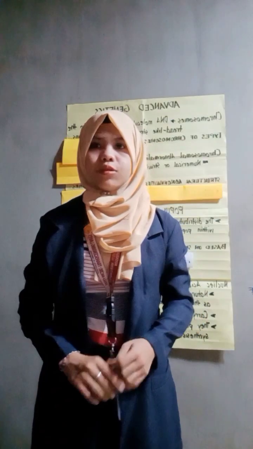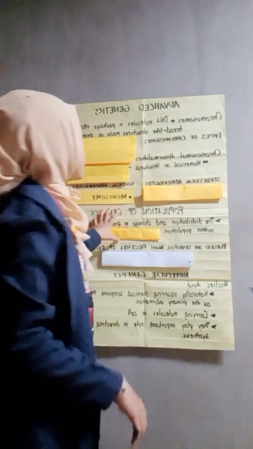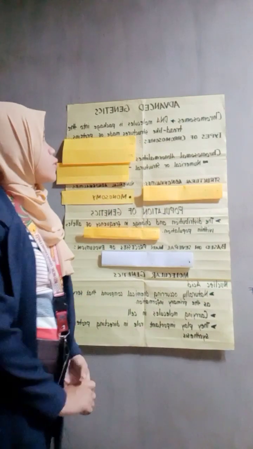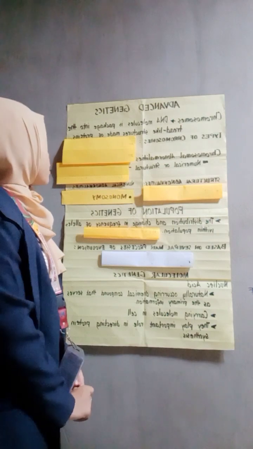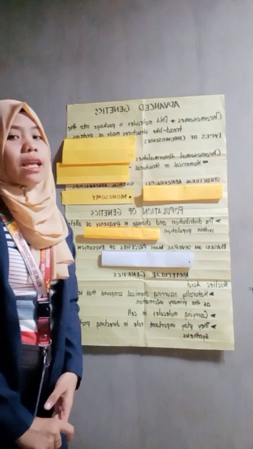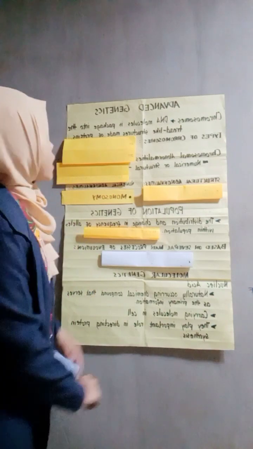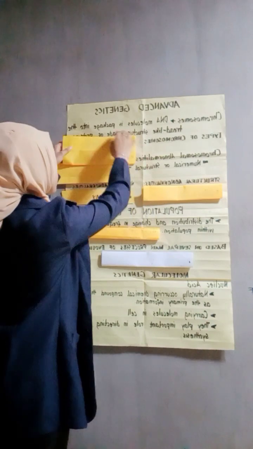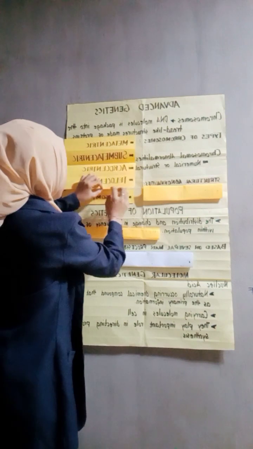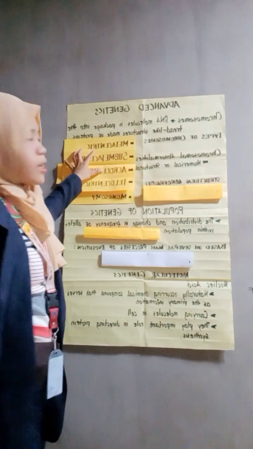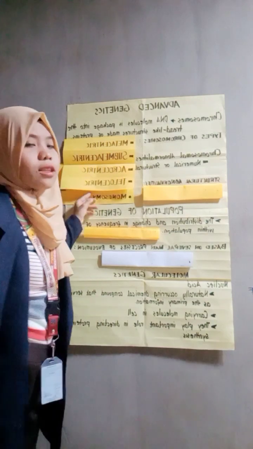Okay, class, let's proceed to our next topic. We have advanced genetics. So, chromosomes. A chromosome is a DNA molecule packaged into thread-like structures made of proteins. Types of chromosomes are metacentric, submetacentric, acrocentric, and telocentric.